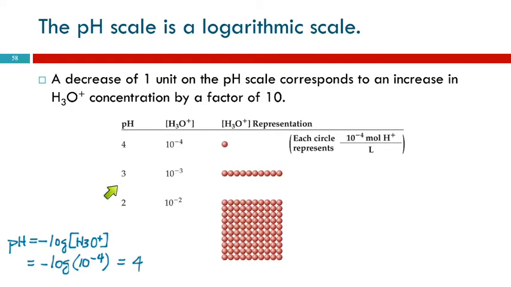If we go from pH 3 to pH 2, now the concentration increases to 10 to the minus 2. So we've got this times 10, and now we have 100 little circles. So it's a logarithmic scale, like the Richter scale that measures earthquakes is logarithmic. If you're going from a 6 to a 7, that's 10 times stronger.